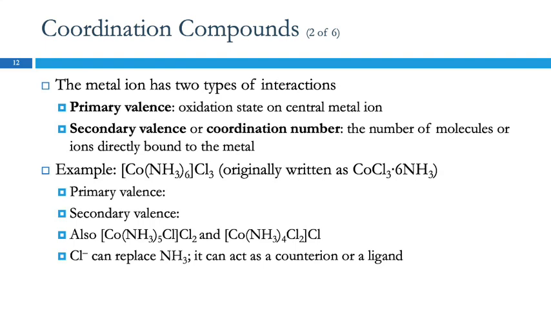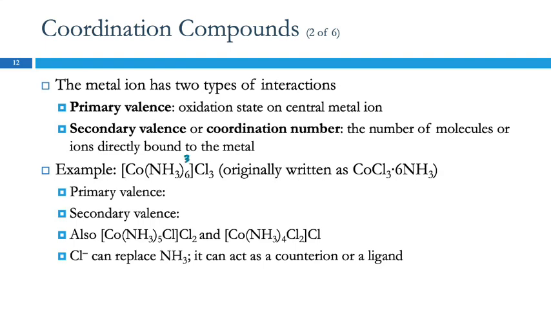So if we look at the primary valence here, that's referring to the oxidation state. So what's the oxidation state on the cobalt ion here? Well, we've got 3 -1 chlorides, right? So that means this complex ion is a +3 charge, right?